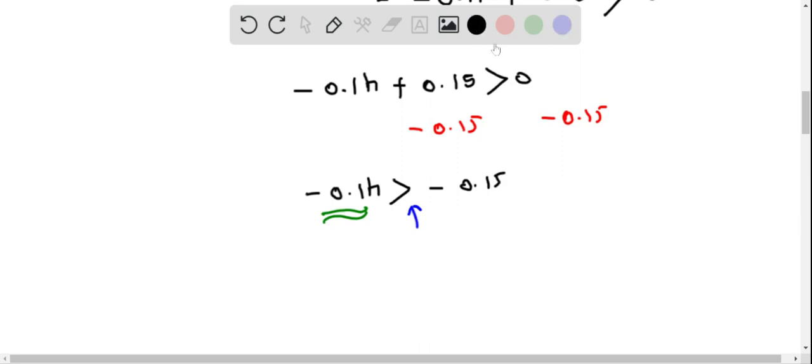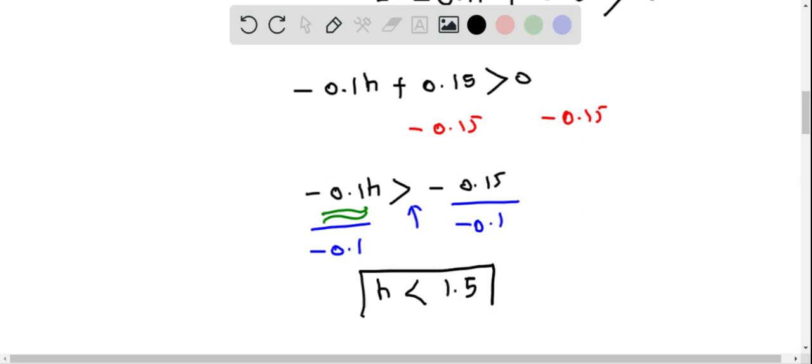Therefore, this becomes H less than negative 0.15 divided by negative 0.1, and this is equivalent to a positive 1.5. So finally we got the constraint for H, that is, H has to be less than 1.5, and this means the correct choice is D.